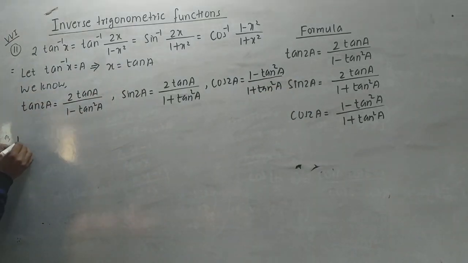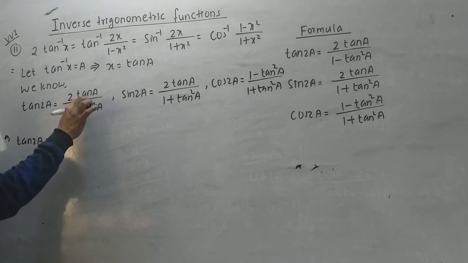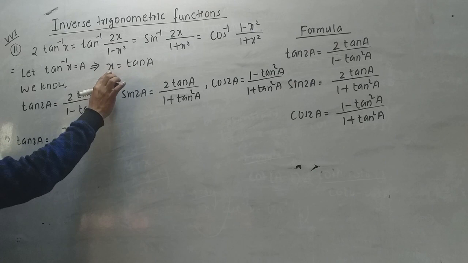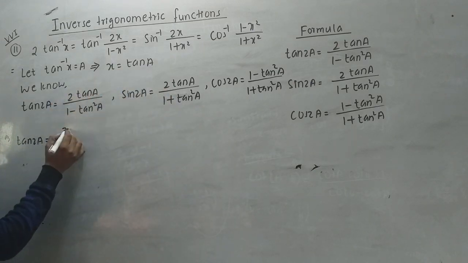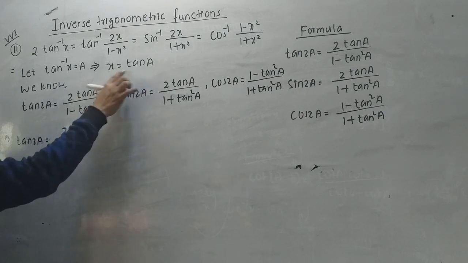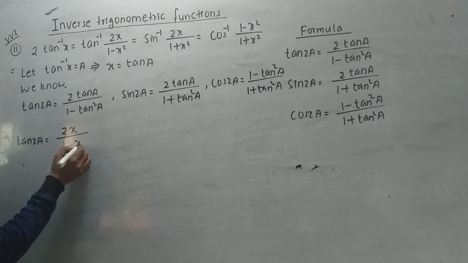Now we will continue. For tan A you can replace that by x everywhere. Tan 2A equals 2 remains the same, tan A is x, whole divided by 1 minus tan square A. Tan A is x, so tan square A is x square.